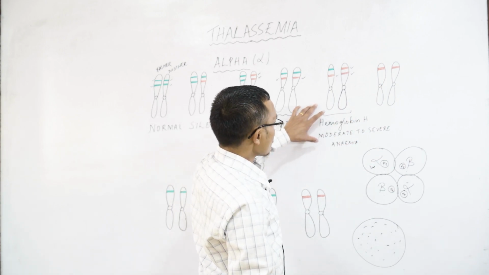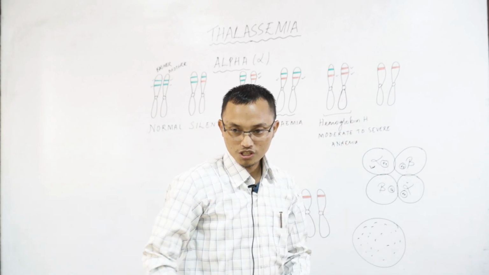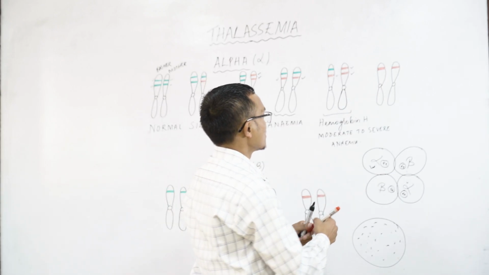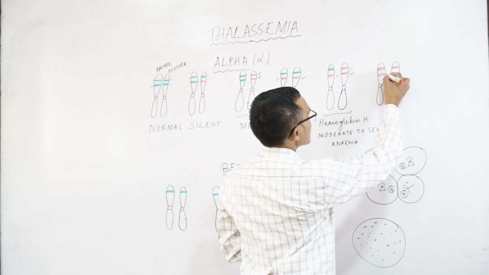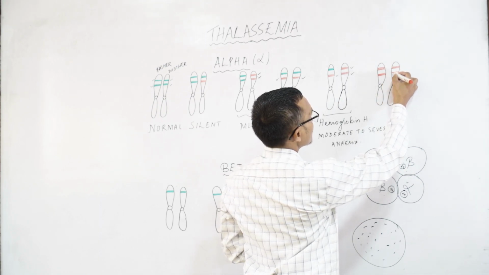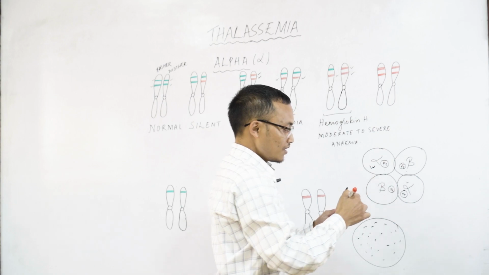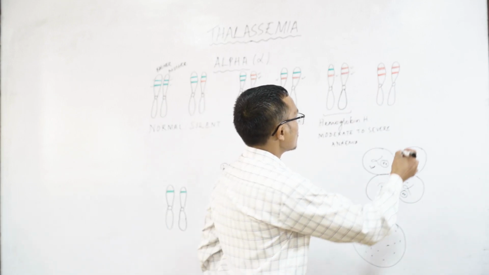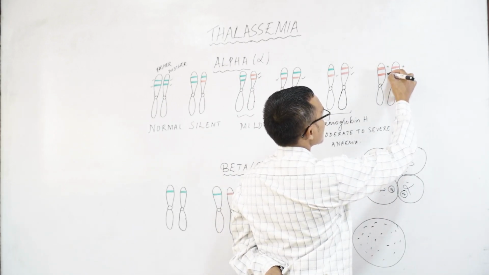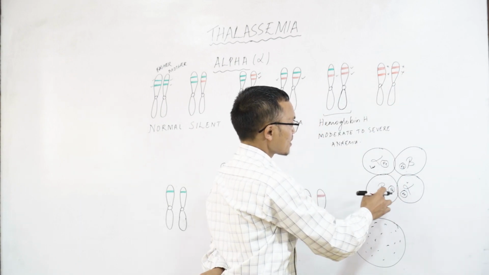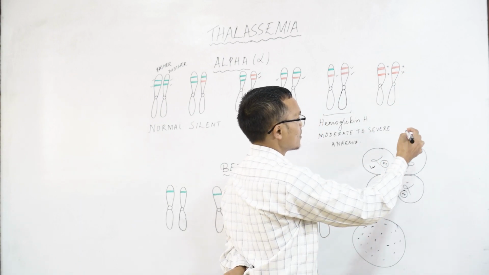Now, there is also a possibility that all the 4 genes will be deleted. In this case, there will be no functional alpha globin molecule. The body cannot synthesize any alpha globin.